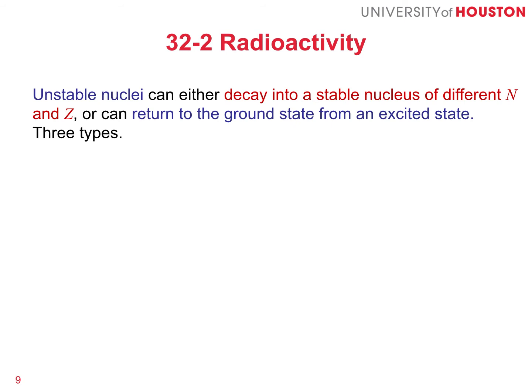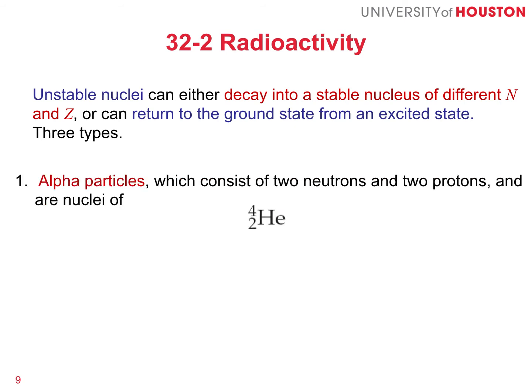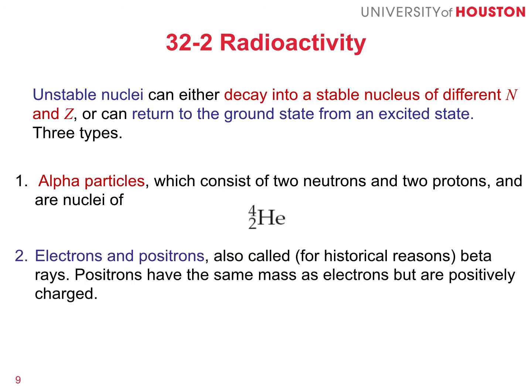The first type of decay is an alpha decay, where an alpha particle is emitted, and an alpha particle consists of 2 protons and 2 neutrons, and it is the nucleus of a helium atom. The second type of decay involves the emission of electrons or positrons. For historical reasons, we refer to these as beta decays or beta rays.